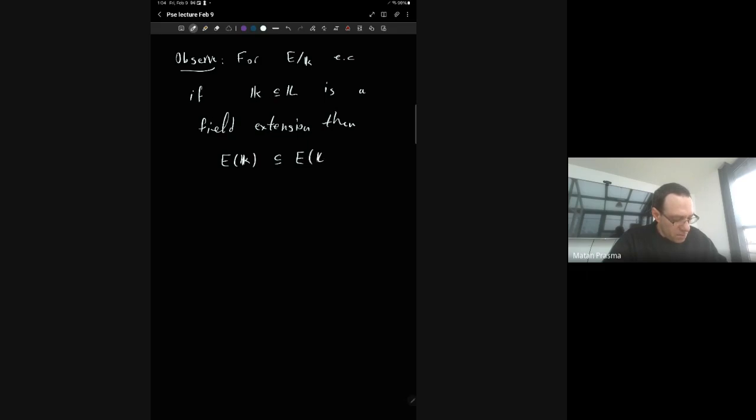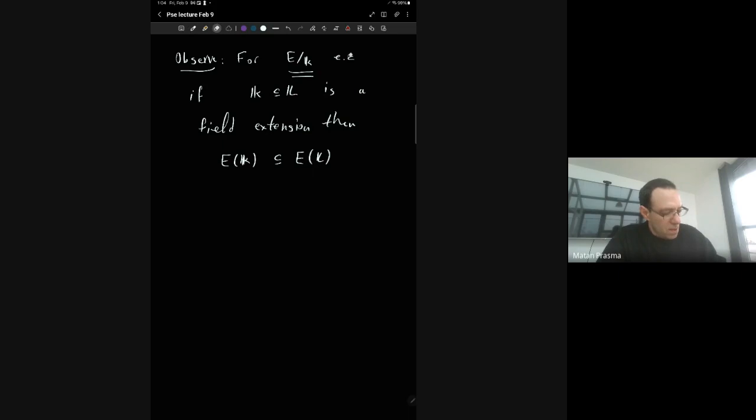For an elliptic curve over a field K, if I have a field extension L of K, then the K-rational points are a subgroup of the L-rational points of E. When I say E over K, it means that the elliptic curve is defined over K.